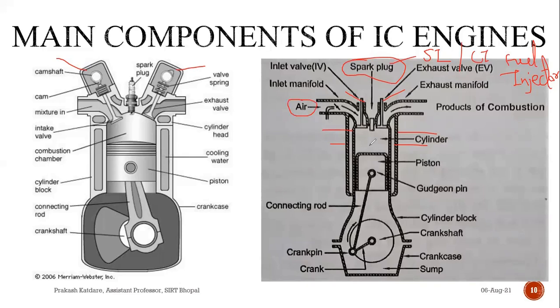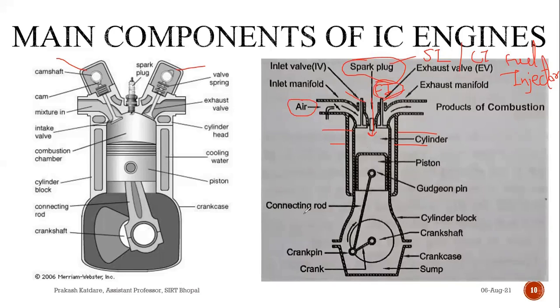And after the compression stroke, the fuel will be entering through the fuel injector and the combustion will take place because of auto ignition of fuel. So this component is different for both the engines. In SI engine, you will be seeing a spark plug. In CI engine, you will be having a fuel injector.